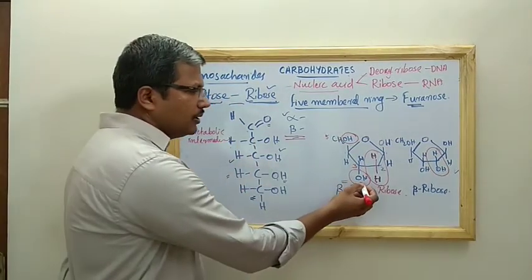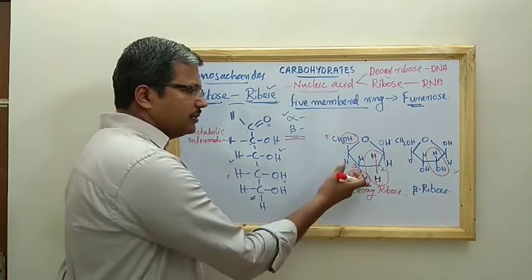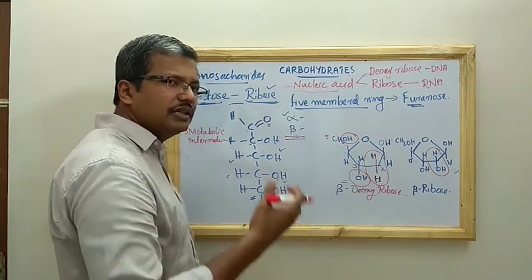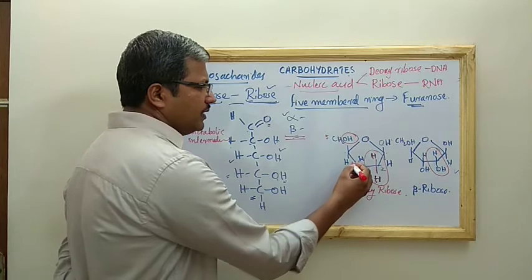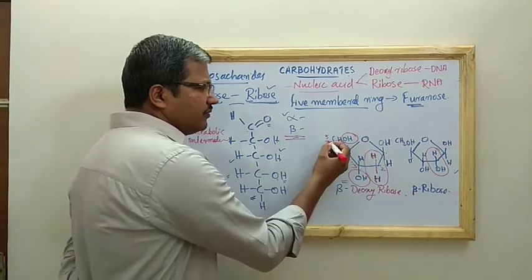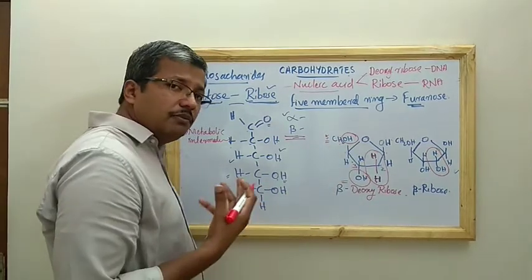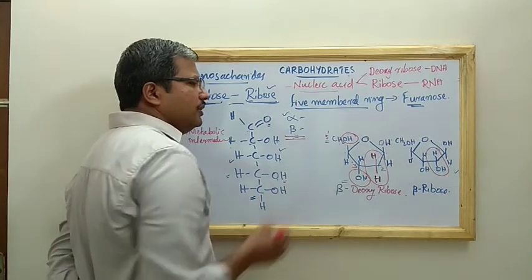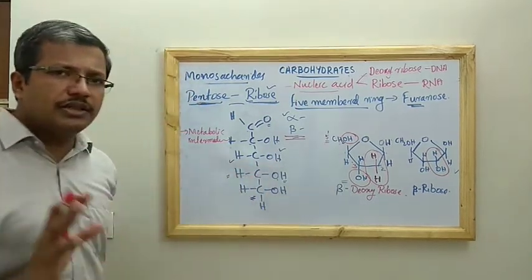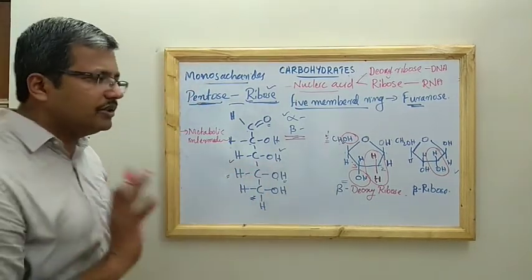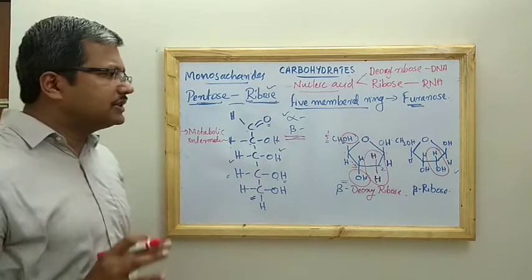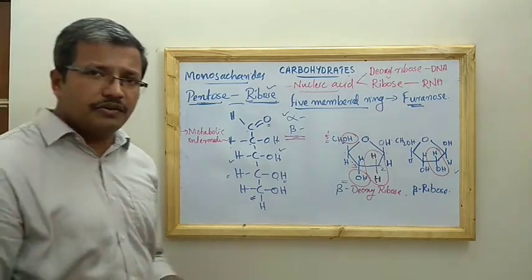When the 5th carbon is not involved in any bonding with the next nucleotide, this will be 5'. This is nothing but the carbon number present in the ribose. We will discuss that in detail when we discuss the structure of DNA.